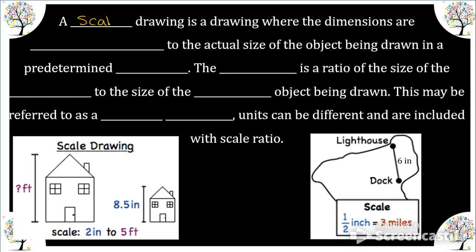A scale drawing is a drawing where the dimensions are proportional to the actual size of the object being drawn in a predetermined ratio. The scale is a ratio of the size of the drawing to the size of the original object being drawn.